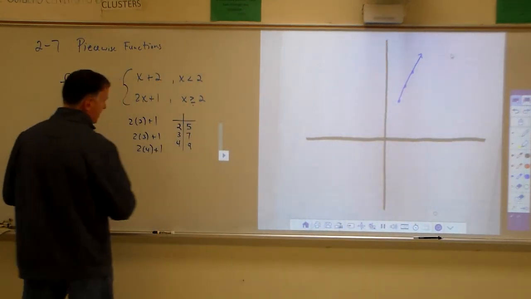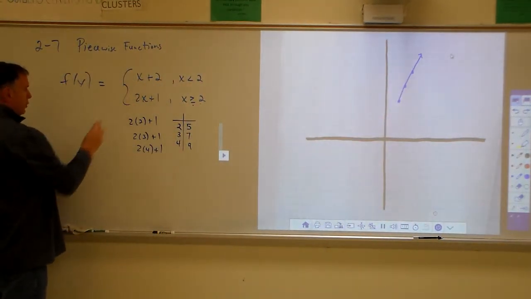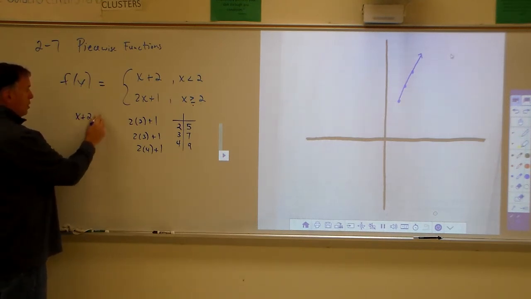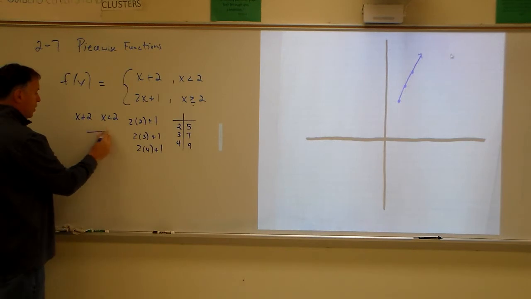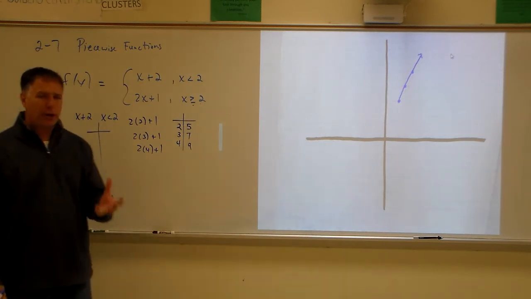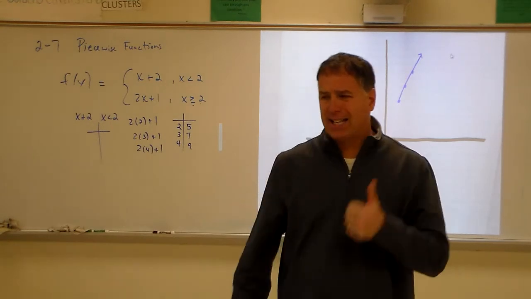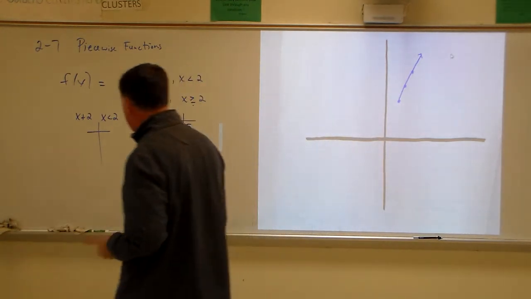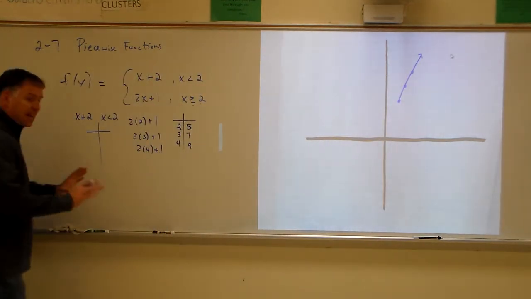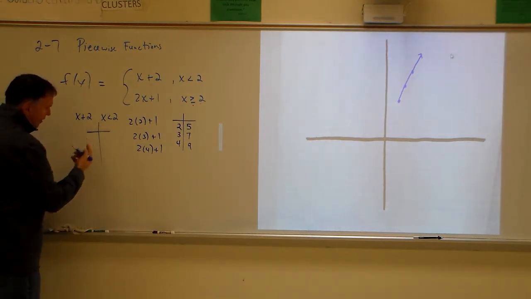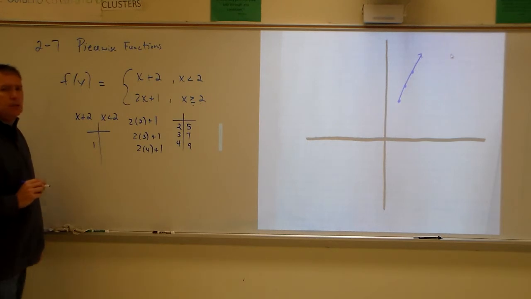Now we want to do our second part: the x plus 2 when x is less than 2. So we try to think about what we're going to put for our xy chart. X has to be less than 2. Some of you might say, if x is less than 2, then I'm going to put 1.